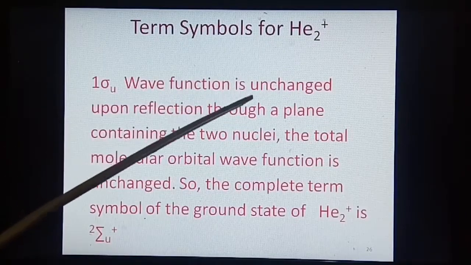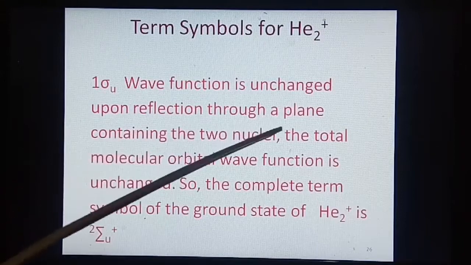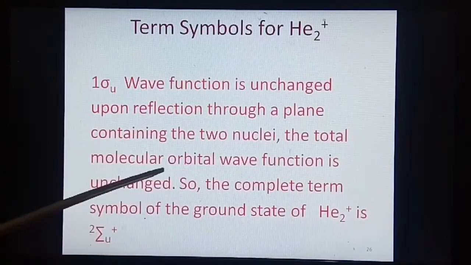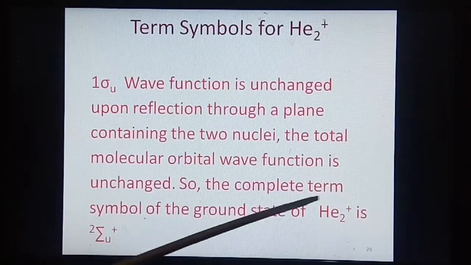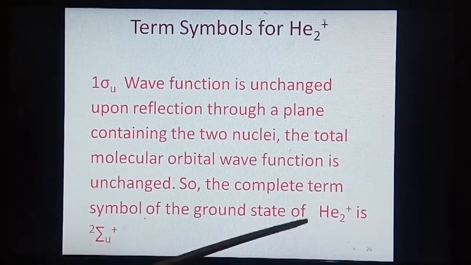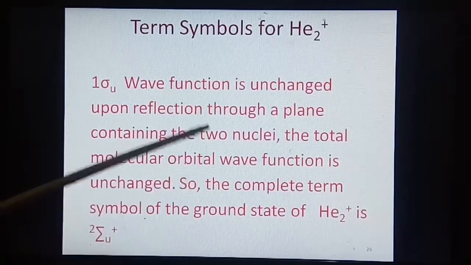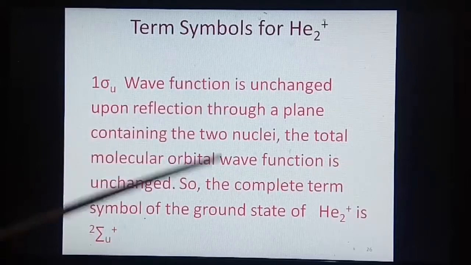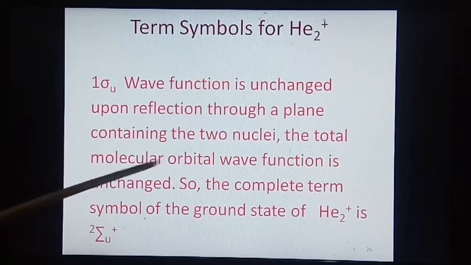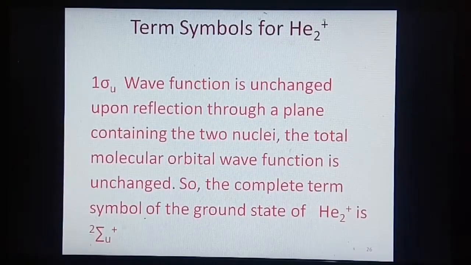The 1σu wave function is unchanged upon reflection through a plane containing the two nuclei, so the total molecular orbital wave function is unchanged. So the complete term symbol of the ground state of He2+ is this. We have discussed in the previous lecture how the reflection is symmetric about this.